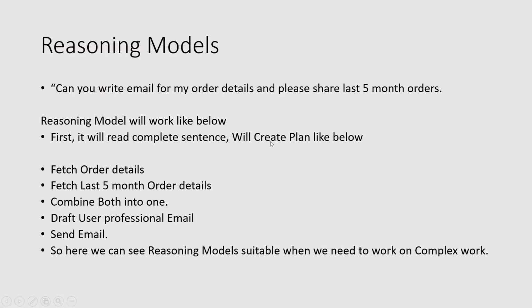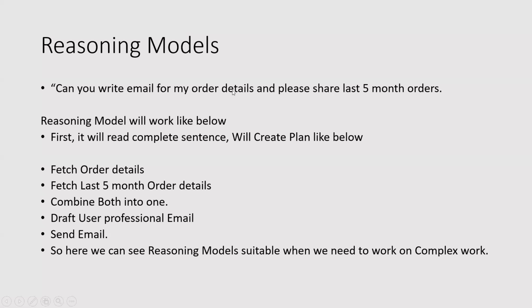Let me show you what exactly the flow is. Suppose I am asking, can you write an email for my order details and please share the last 5 months' orders. If you see in this statement, what all things am I asking? I am asking for an email.